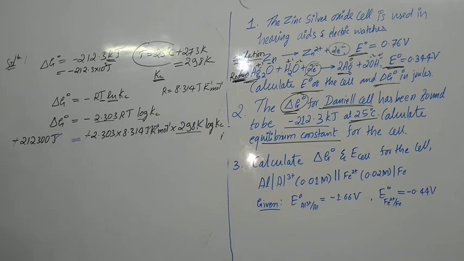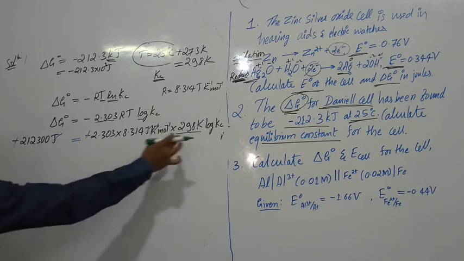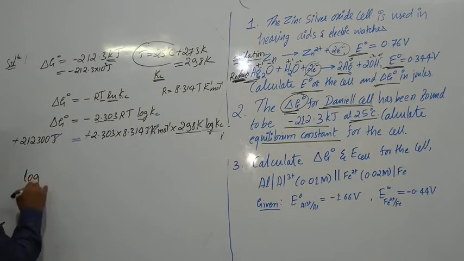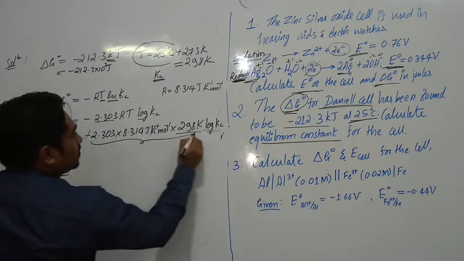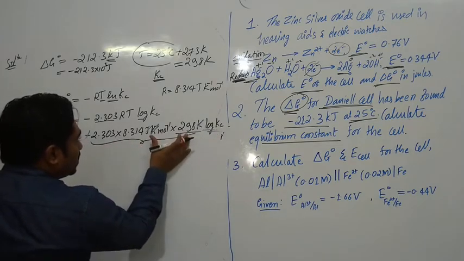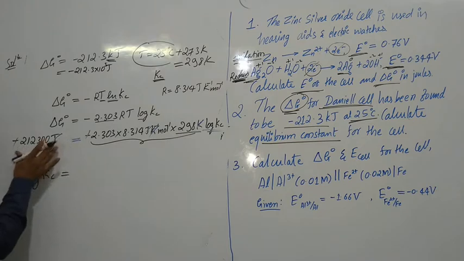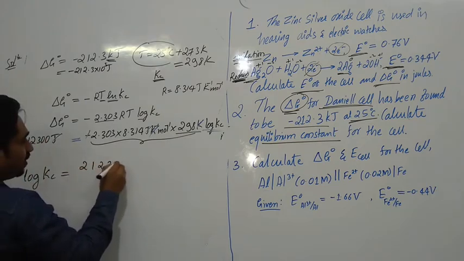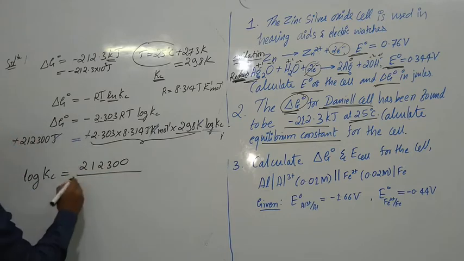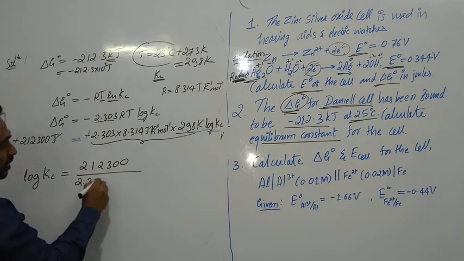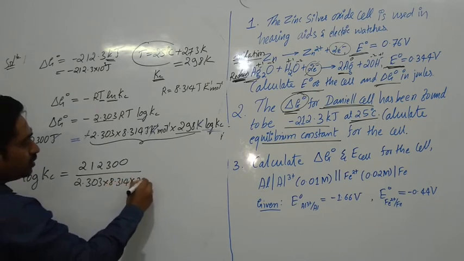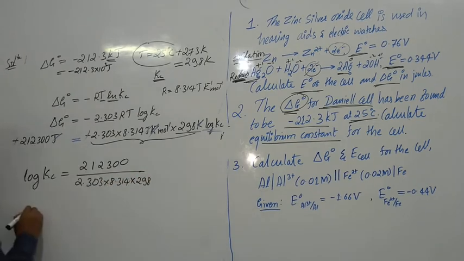Now I have to calculate the value of log Kc. Log of Kc is equals to this whole term from this side, divided by this: 212,300 divided by 2.303 into 8.314 into 298.